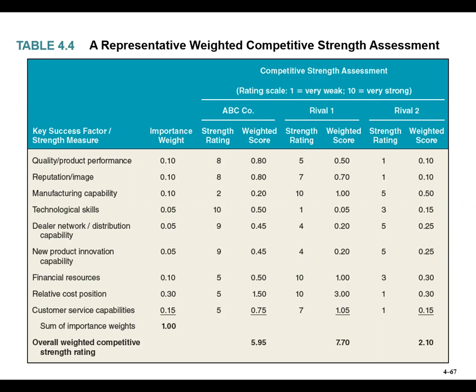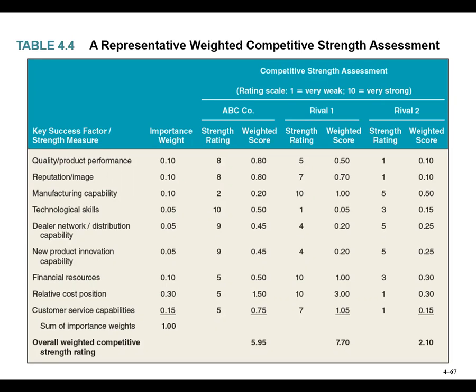You can see this is a relatively smaller company when you compare it to rival 1. Rival 1 has strong financial resources and a very good cost position. It's like a huge company; their technological skill is not good, but their manufacturing capability is very strong. So whatever we are good at, they are bad.